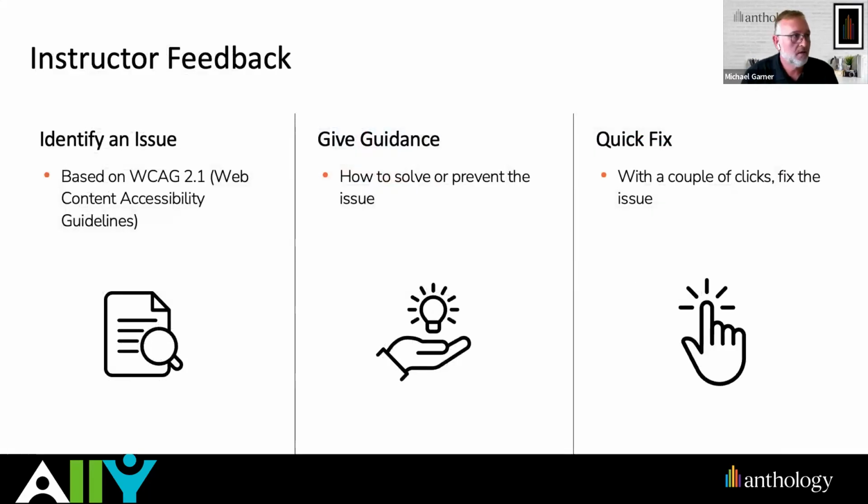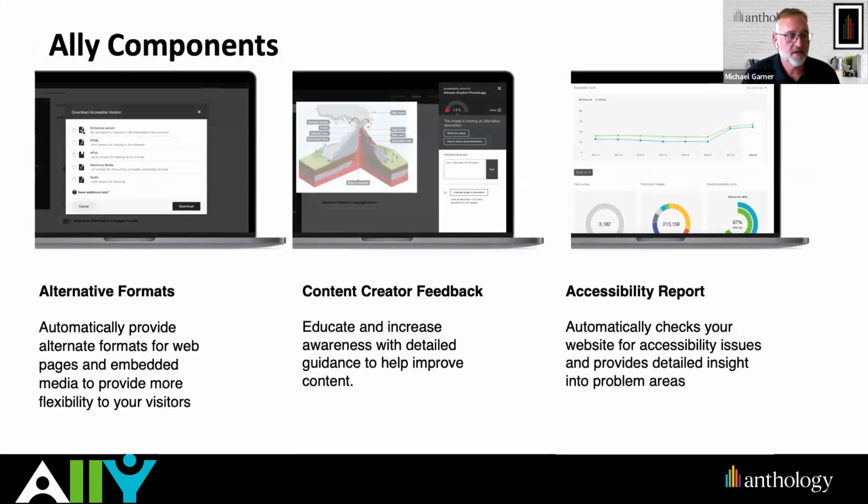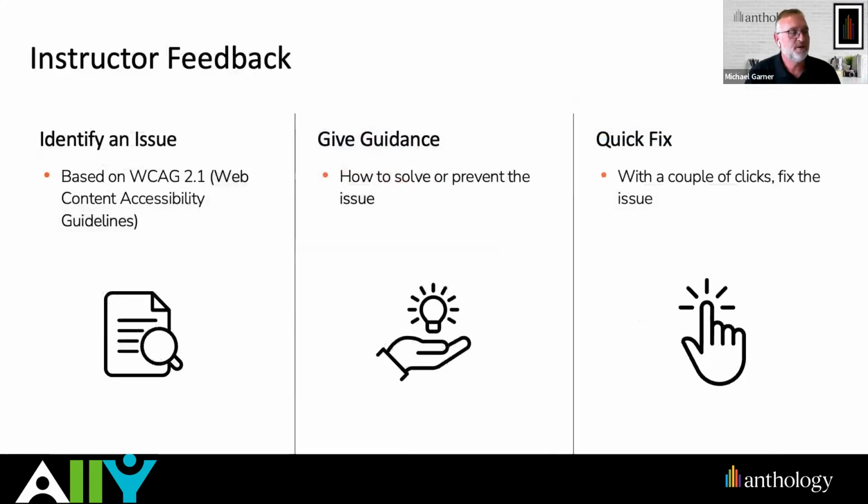So, instructor feedback. Actually, I didn't mention instructor feedback really, but when we go through instructor feedback, that awareness, that guidance: when they create some content, Ally will process that in line with the 2.1 Web Content Accessibility Guidelines. We're currently working on the 2.2 capabilities.